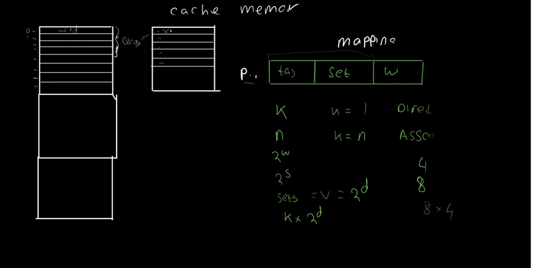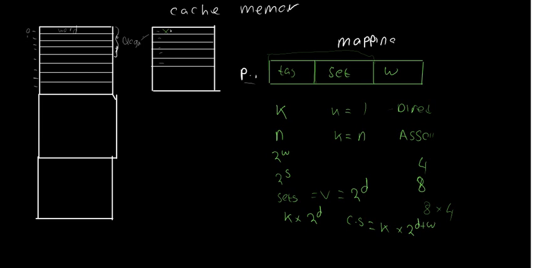Then our cache size is equal to the number of lines per set times 2 to the power d plus w. We can even just try this. First of all, what's the size of each set?